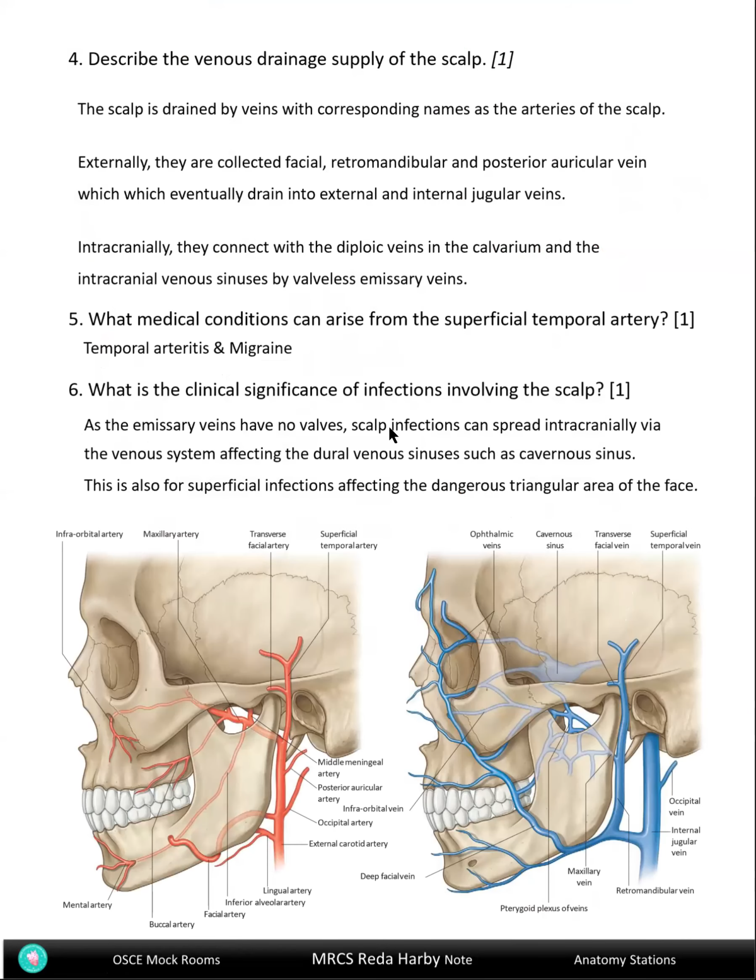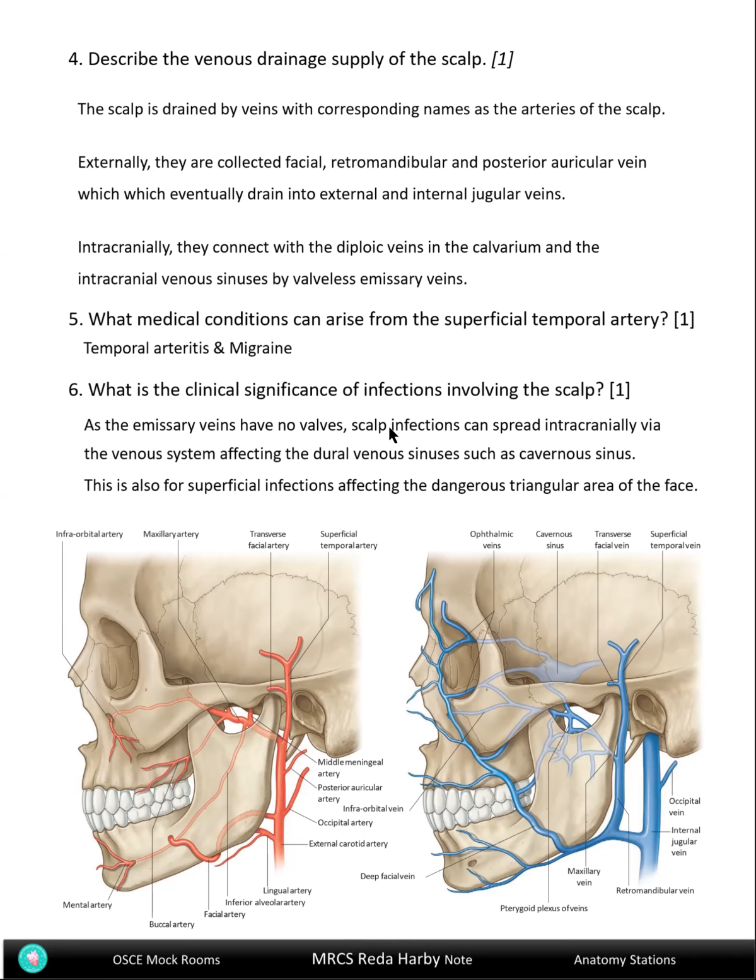What is the venous drainage of the scalp? The corresponding names of the arteries, collected by the facial and retromandibular veins and the posterior auricular vein, which will eventually drain into the external jugular vein.